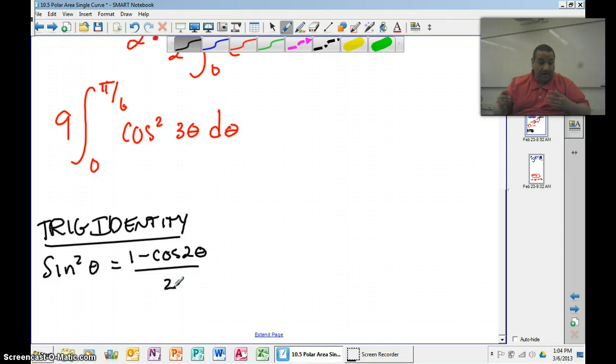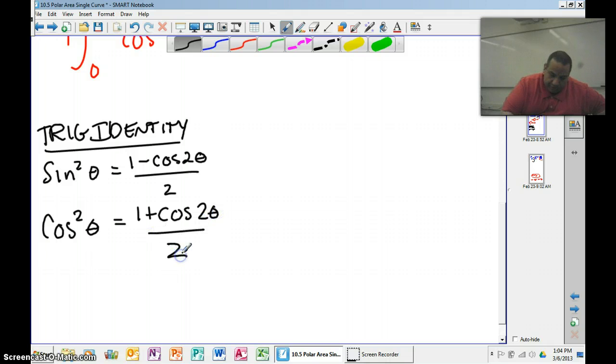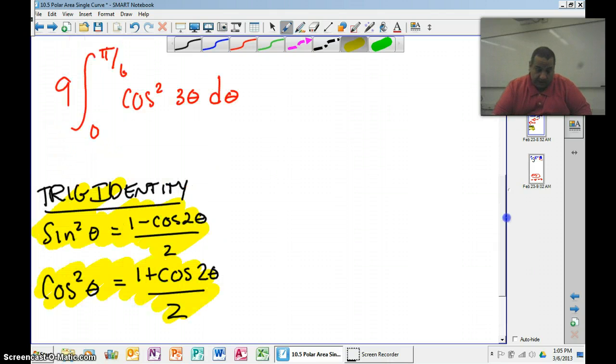That's one of them. Another one is cosine squared of theta is equal to 1 plus cosine 2 theta over 2. So these guys are 2 trig identities that you need to check out and need to know for this section. It makes it much easier.